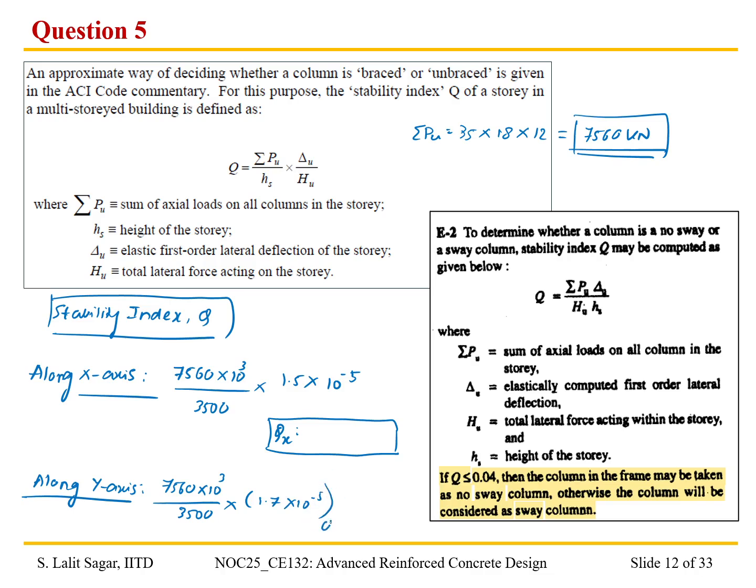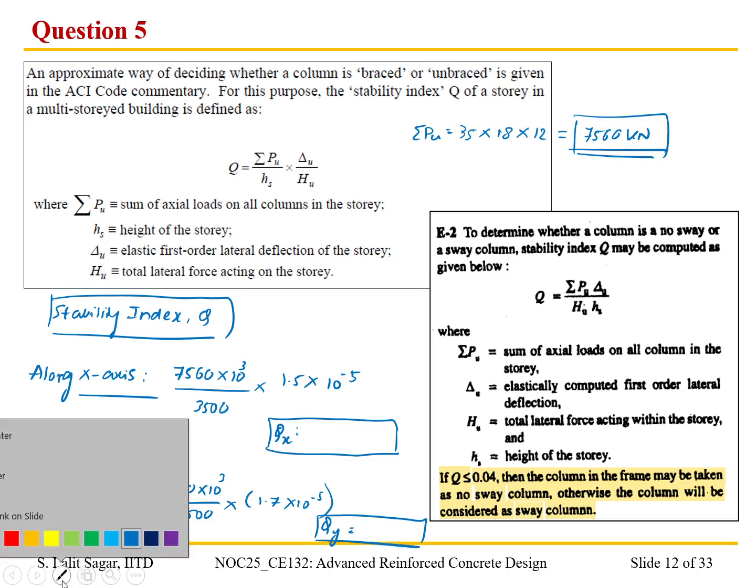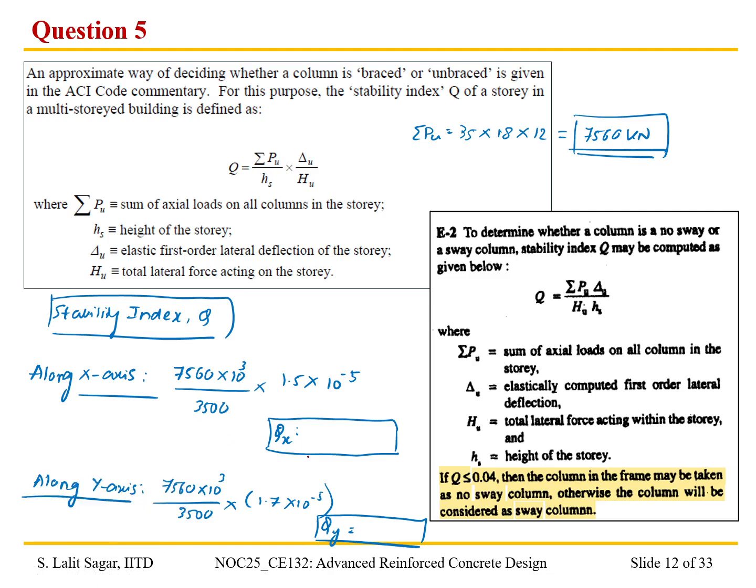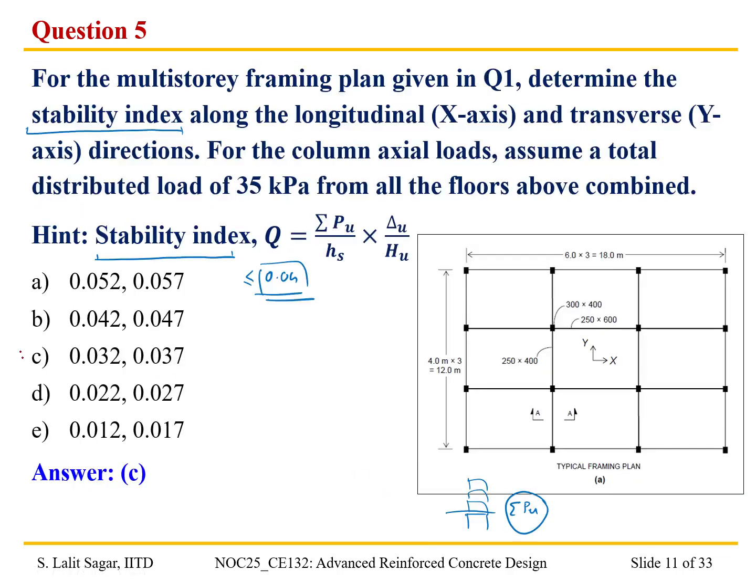So here we have the value of Q. I got a value of 0.0324 along the x-axis and 0.0367 along the y-axis. So 0.032, 0.037, option C is the correct response. Moving on.